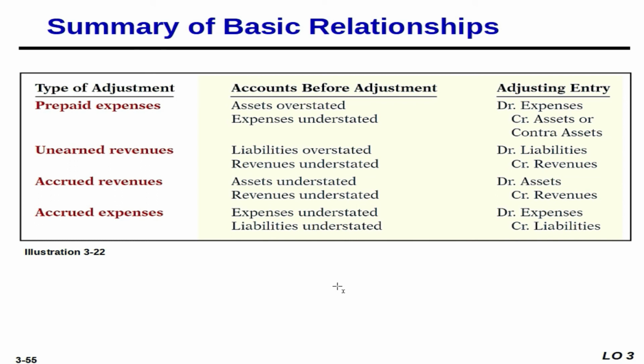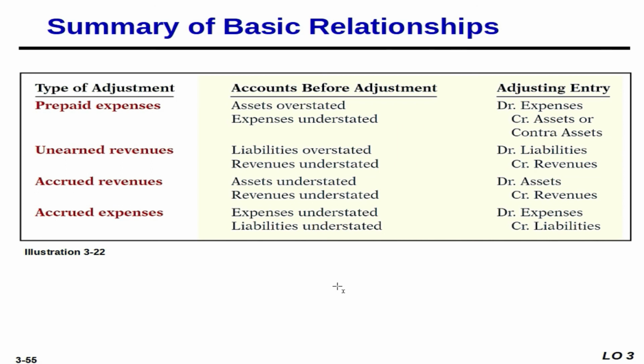Unearned revenues, liabilities overstated, revenues understated. Accrued revenues, assets are understated, revenues are understated. Accrued expenses, expenses understated, liabilities understated. And this is just based on observation, okay? You just have to go back and look at the journal entries for some of these things.